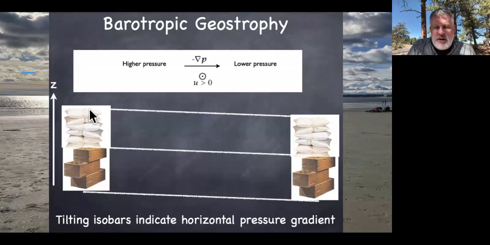High pressure over here, it's tilting, lower pressure over here, same height of pillows, same height of bricks, parallel lines to the surface. This is a barotropic configuration. And so the pressure gradient here is the same at every depth. It's going from high pressure at this side to low pressure at that side. And it just depends on depth.